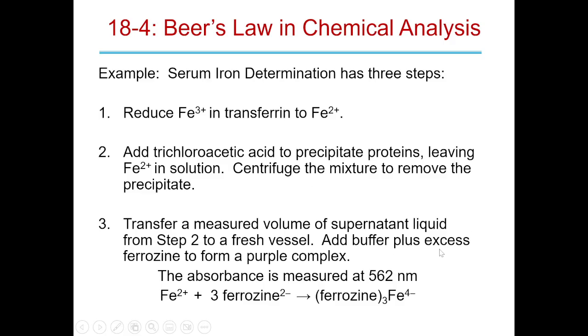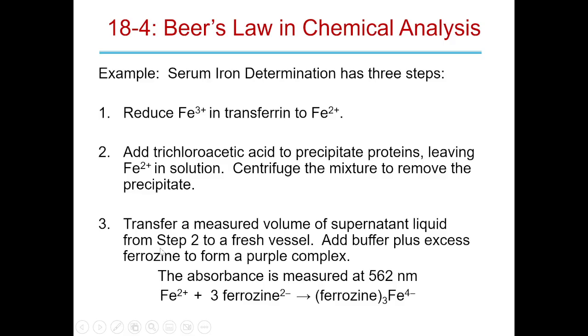You would then add buffer plus excess ferrozine to form a purple complex. Notice this part's very similar to what you did the other day? In fact, that's what you were doing. You were establishing a buffer. Remember, you dropping the drops in? You established a buffer.